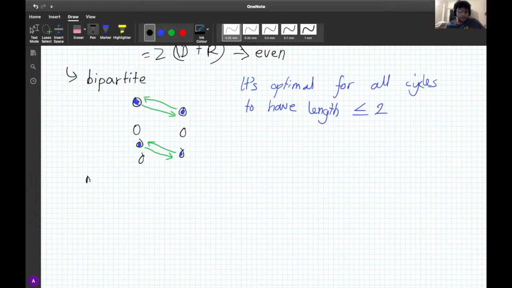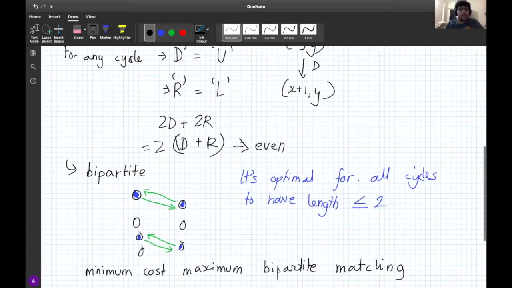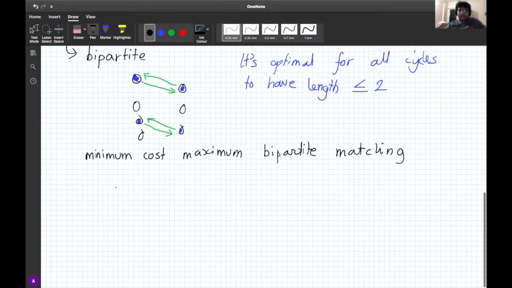And this is using minimum cost maximum bipartite matching. This is basically minimum cost max flow only. If you've done max flow, then you should know that bipartite matching is just a max flow case only with all the flows set as one.